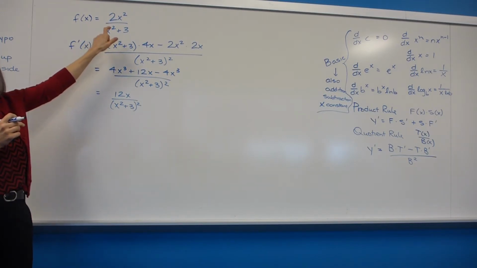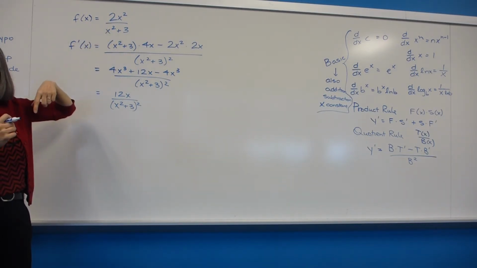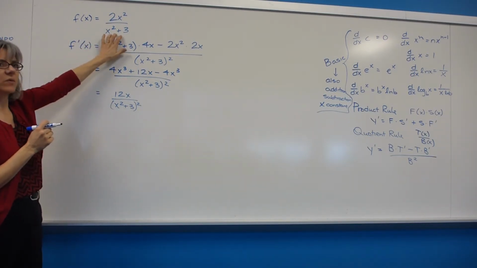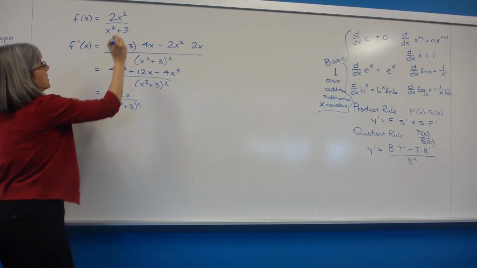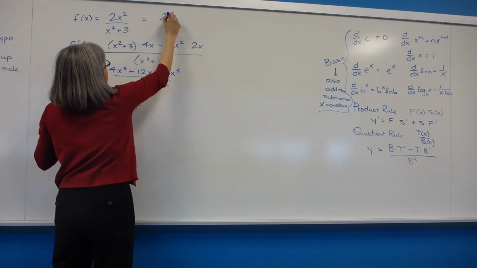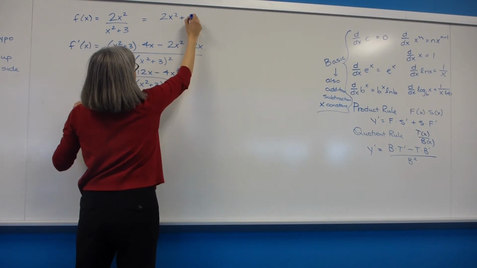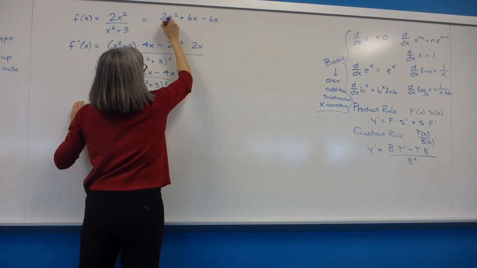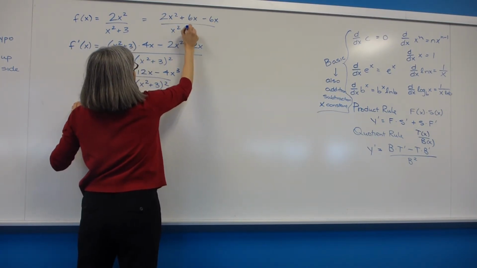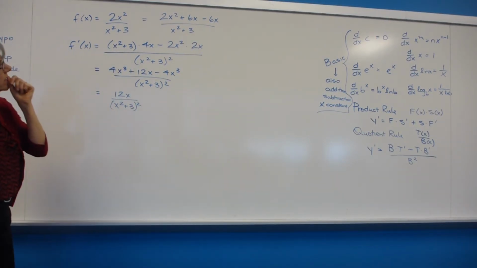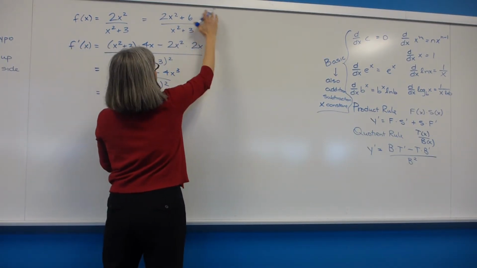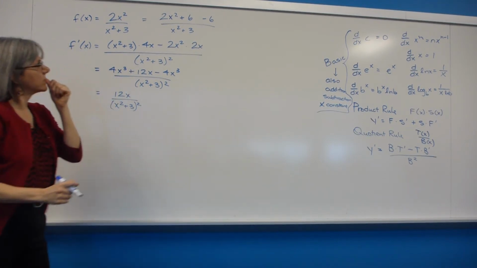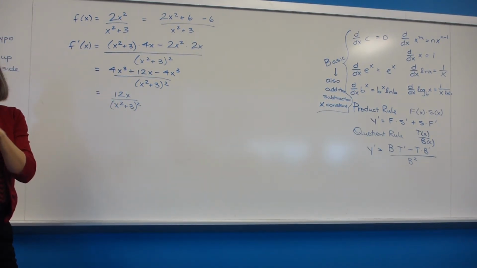It actually is... the next example, I'll show you a little bit about where this comes from. If you were to rewrite this, I could rewrite it. I'm just going to throw this out here. Does everyone agree I haven't changed the problem if I add 6 and subtract 6?